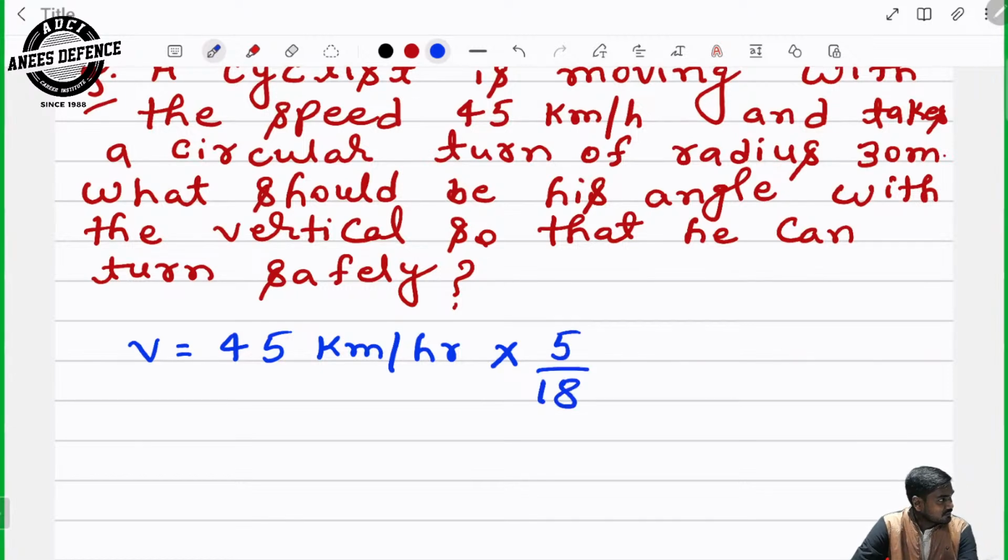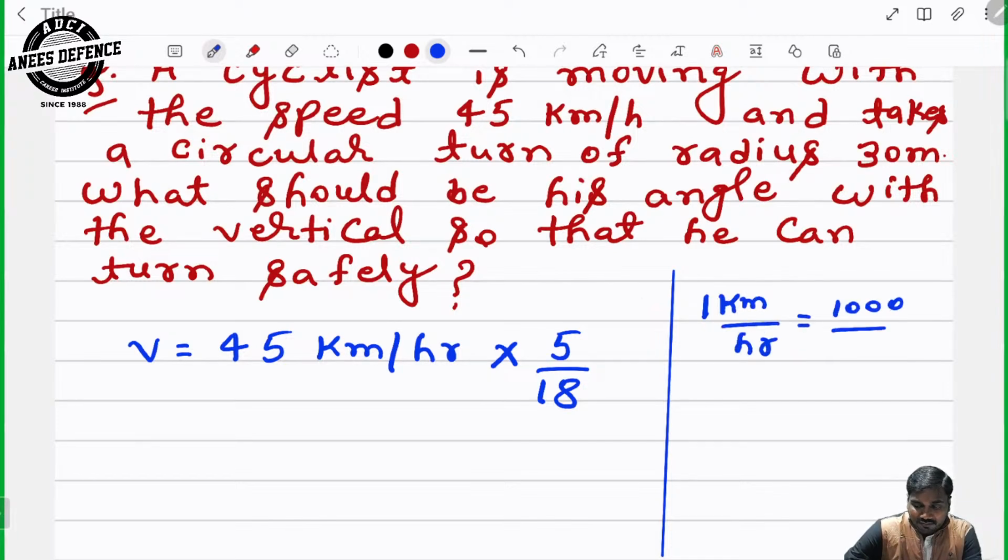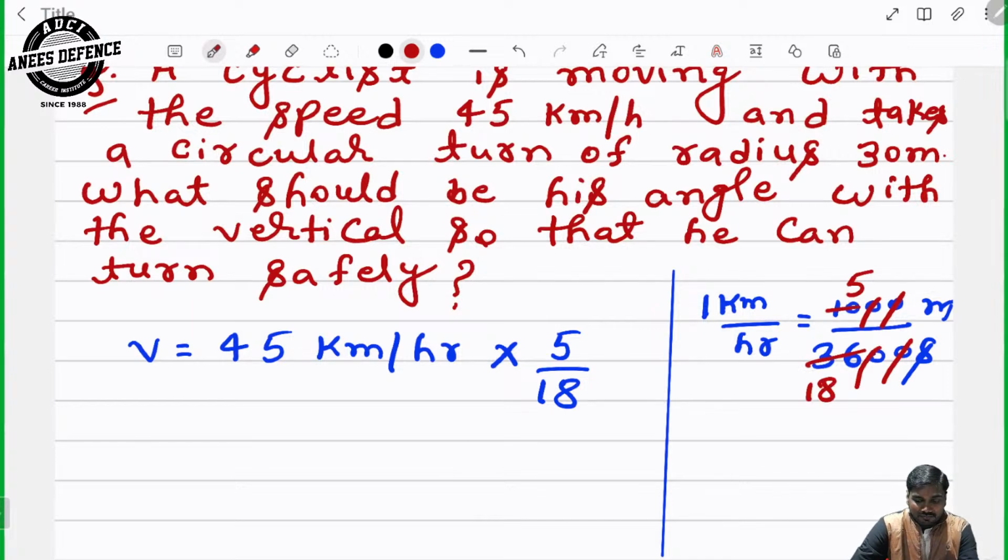Don't know? Listen. 1 kilometer per hour is equal to 1000 meter, and 1 hour is 3600 second. Is it clear? Just cancel zeros. 5 twos are 10, 18 twos are 36. Yes or no? So write down here.